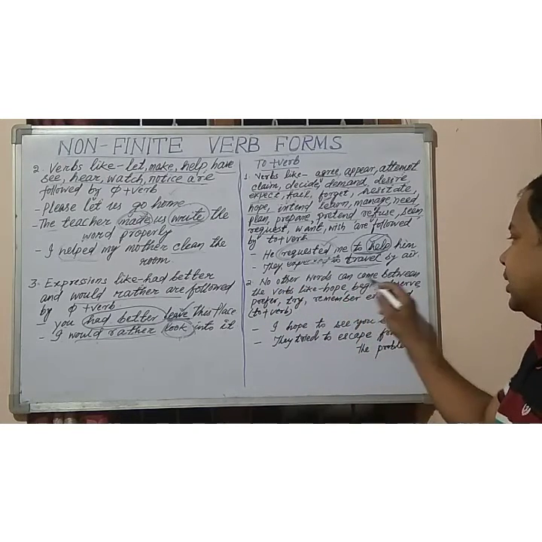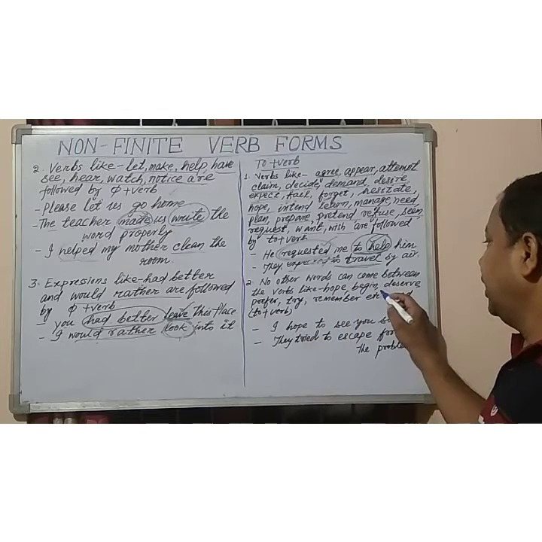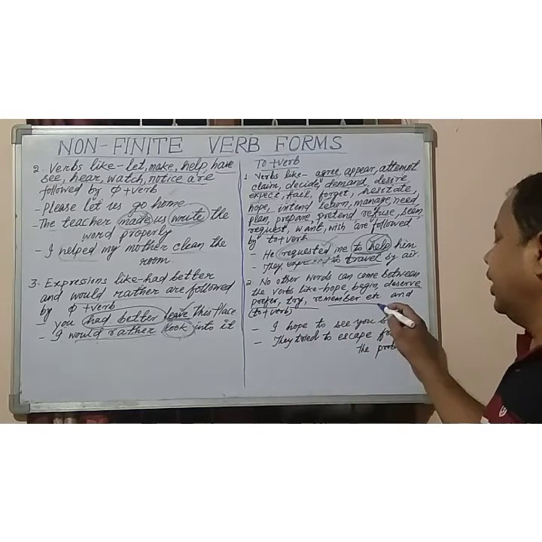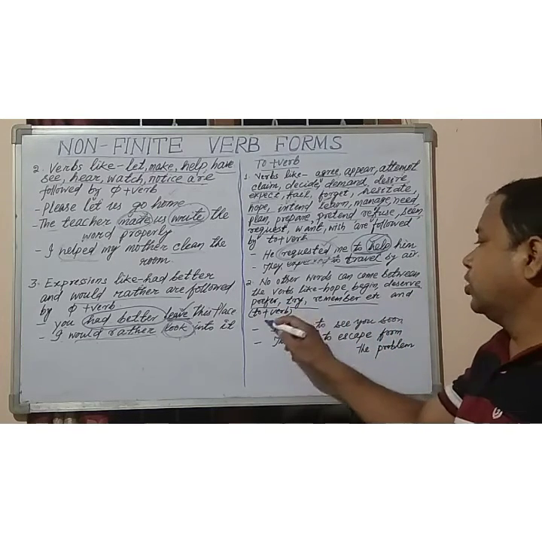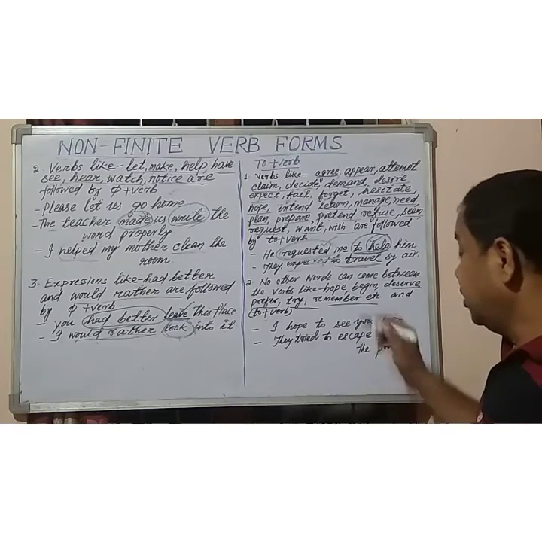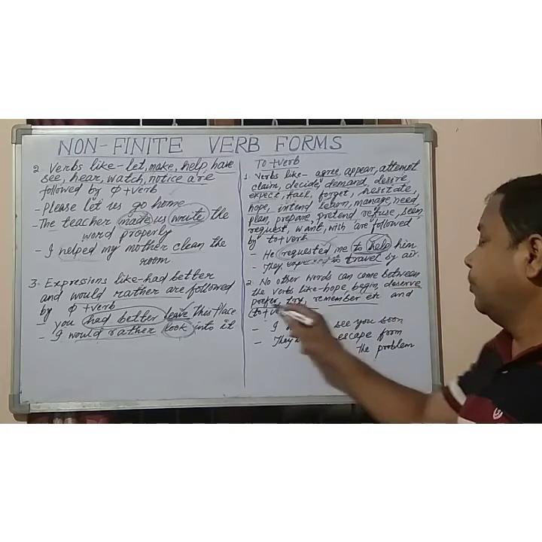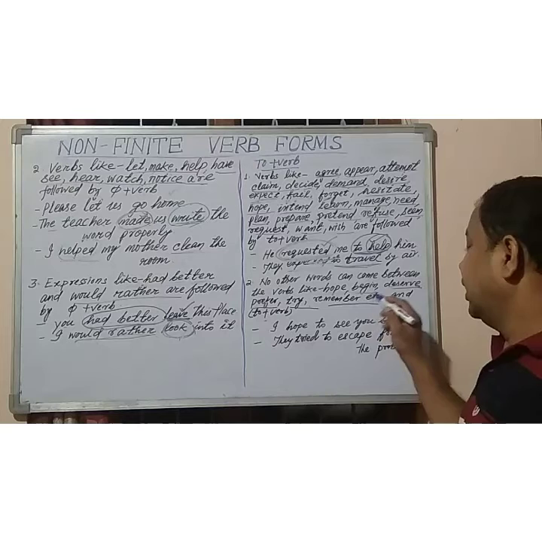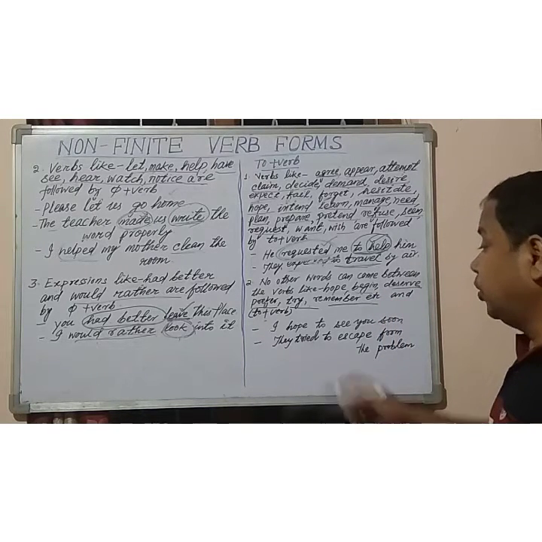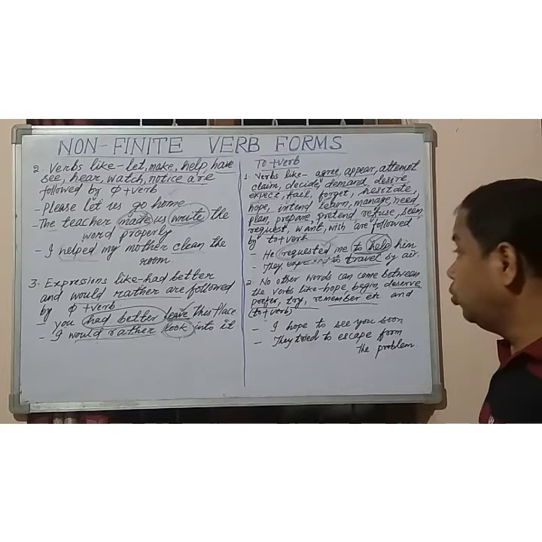No other words can come between the verbs like hope, begin, deserve, prefer, try, remember, etc. and to plus verb. That means if in a sentence these verbs are available, hope, begin, deserve, prefer, try, remember, then after this there will be to plus verb form and no other words can be used.